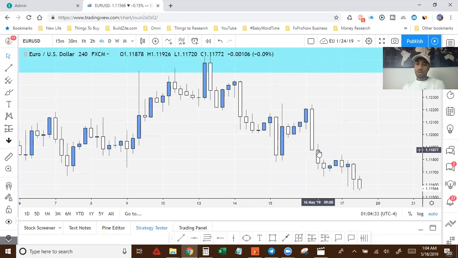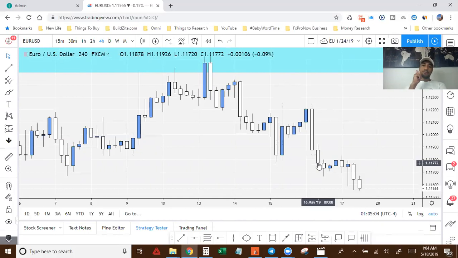So the open was 1.11877, which is pretty close to that O, which is open, 1.11878. And then the close was what? You see where it says a C? 1.11772, and that's the same thing if you look all the way to the right.